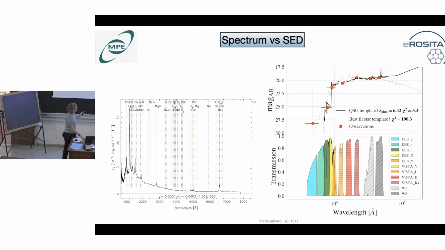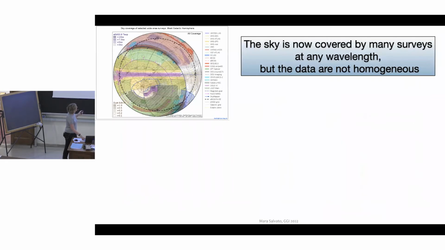At the moment we have photometry on the entire sky. Here you have the universe as we see it from Earth, if you like. These are all surveys at different wavelengths, and essentially every point of the sky, wherever you're looking, is now covered by at least 10 photometric points in optical, near infrared, mid-infrared, and UV, okay?